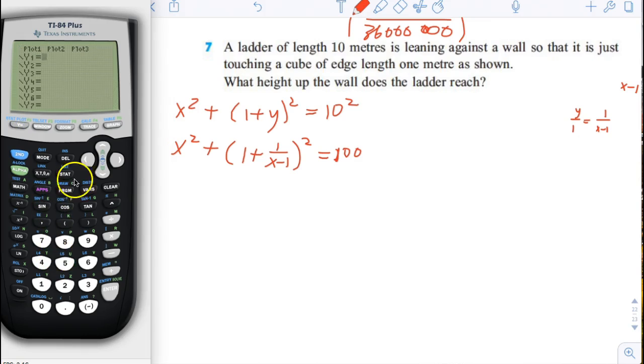And to solve this in the calculator, all you have to do is put the left side and the right side into y equals. So the left side we're going to put in at y1: x squared plus parentheses 1 plus 1 over x minus 1.